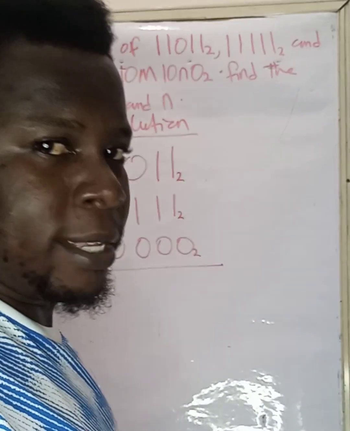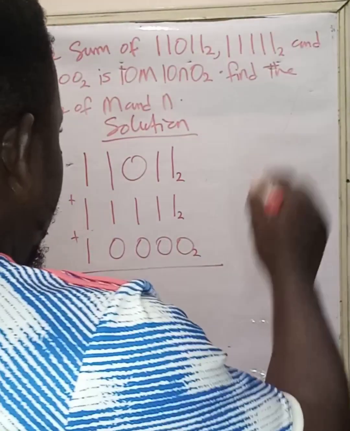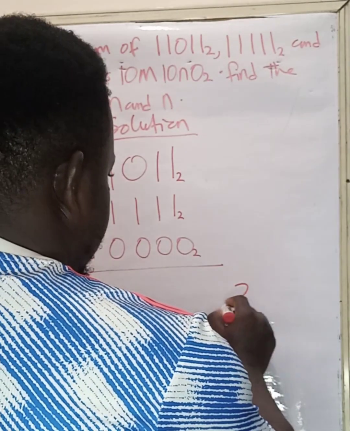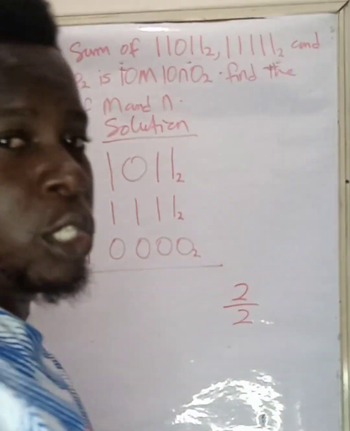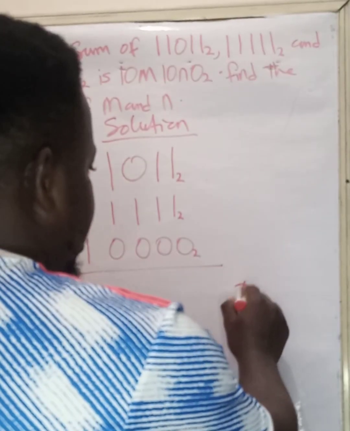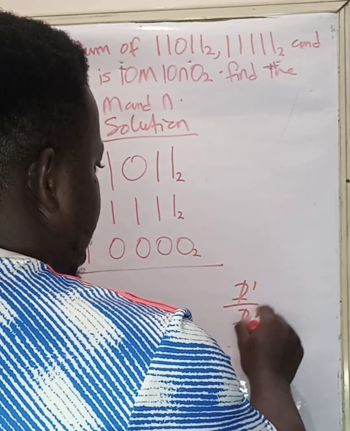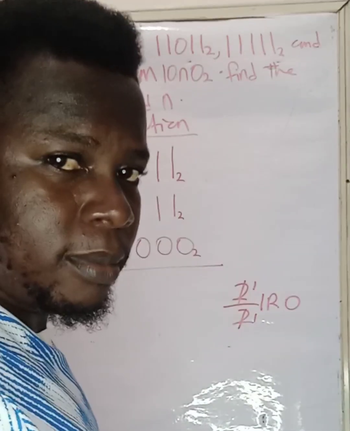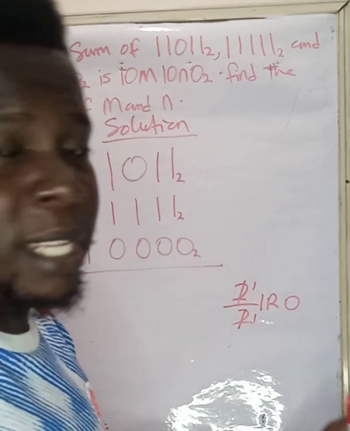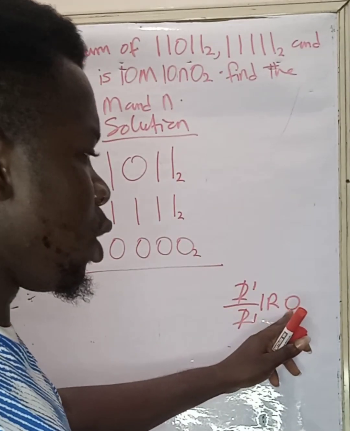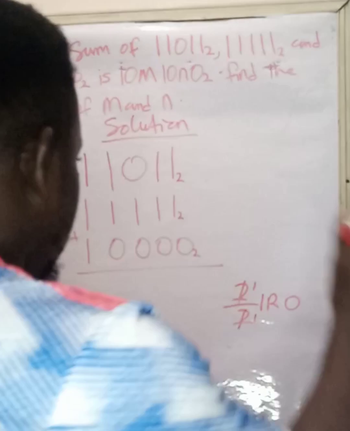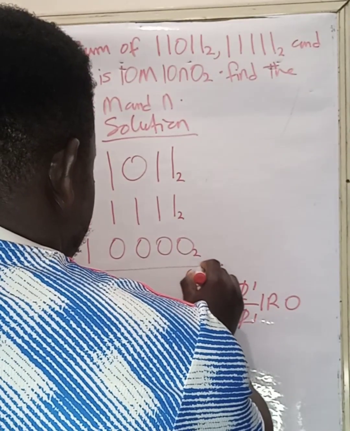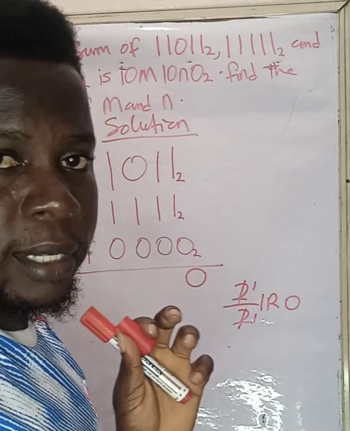We are not going to write 2. What we are going to do is divide 2 by 2, and we have 1, remainder 0. We write the 0 and carry the whole number. You put down the 0 here and carry this 1.